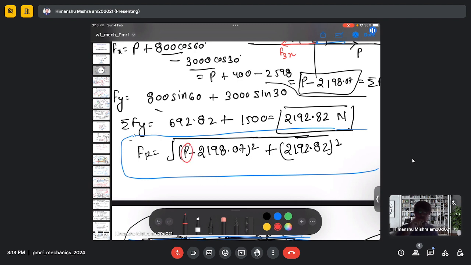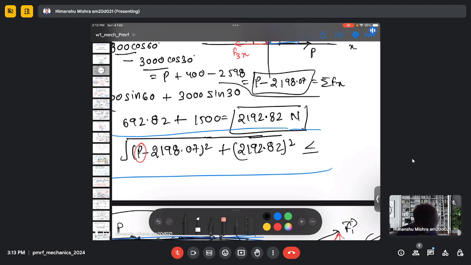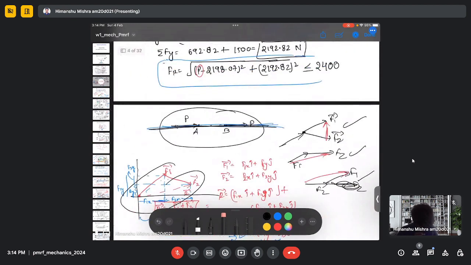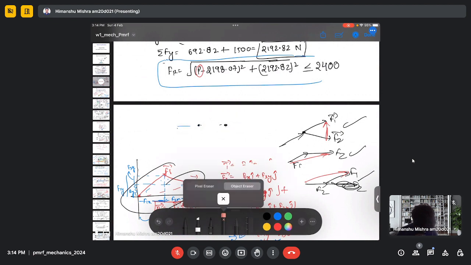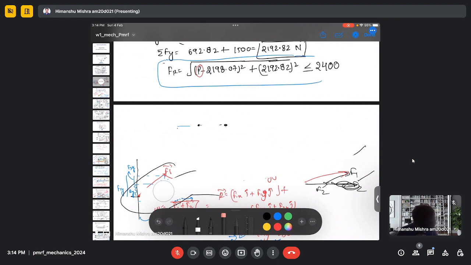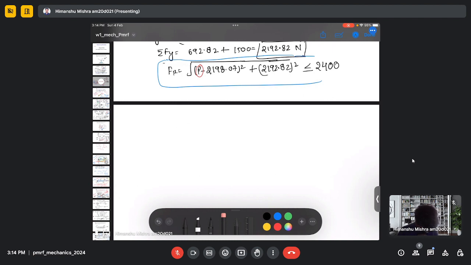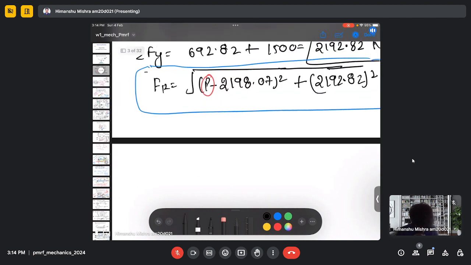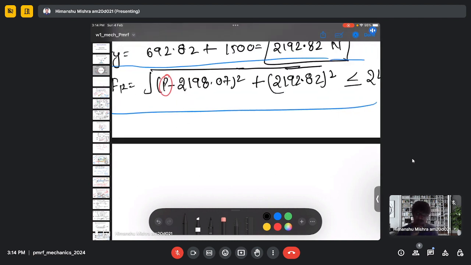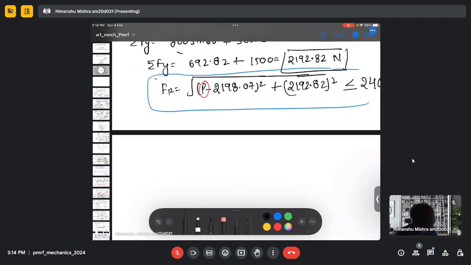In the question it is said that we need to find the value of P such that my resultant force will always be less than 2400. So this expression is always less than 2400. If I square this expression, I can remove the square root.